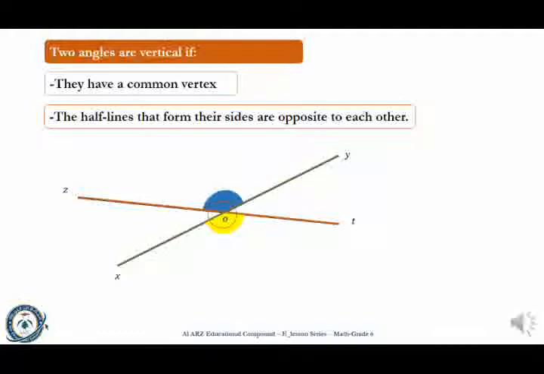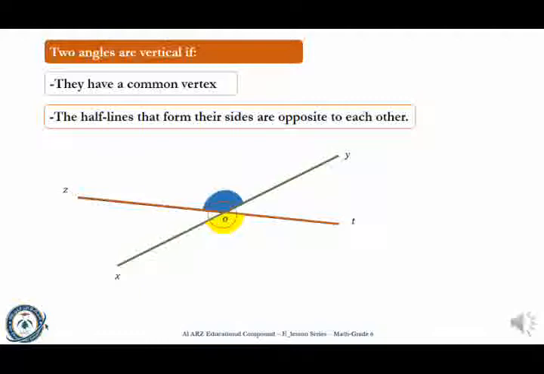Are they vertical? Let's remember the definition. Two angles are vertical if they have a common vertex. Do these angles have a common vertex? Yes, the common vertex is O. Now, the half lines that form their sides are opposite to each other.